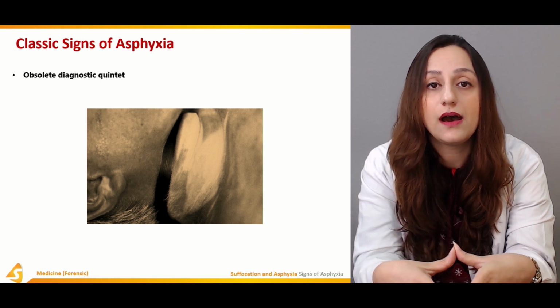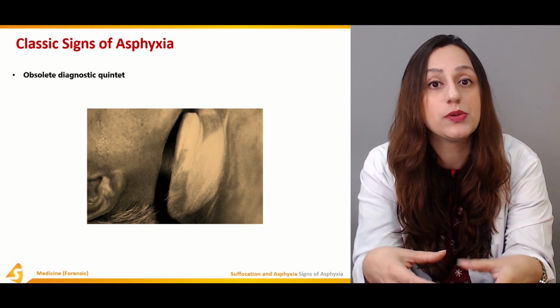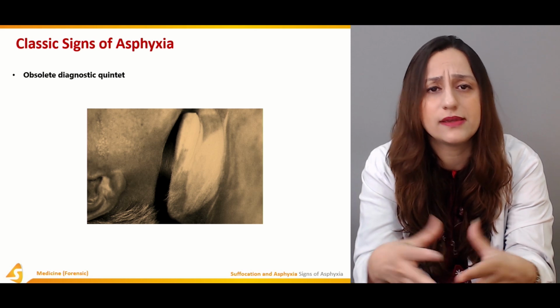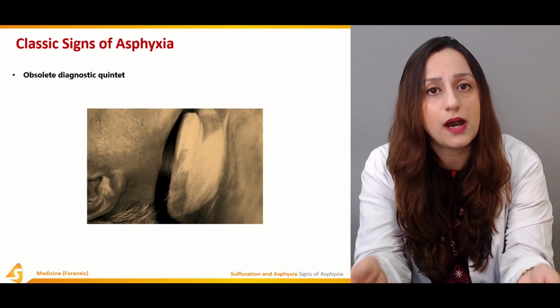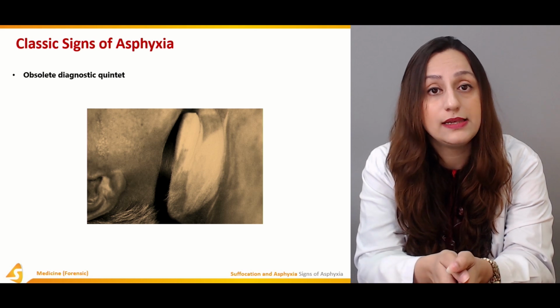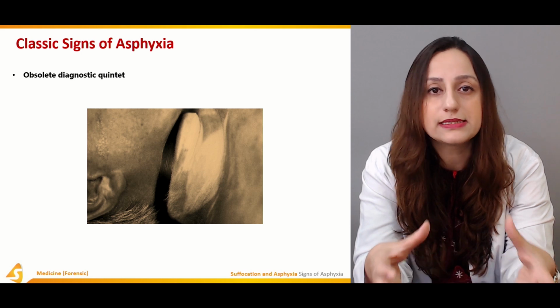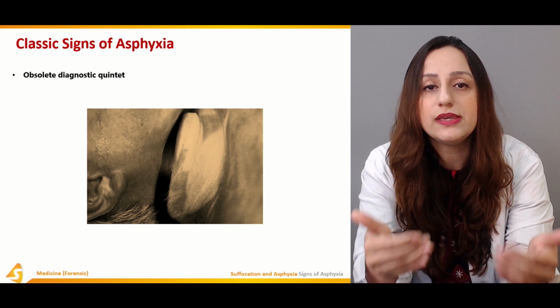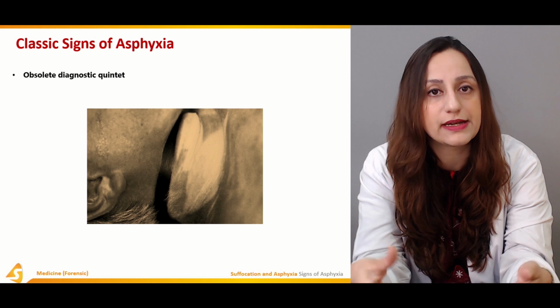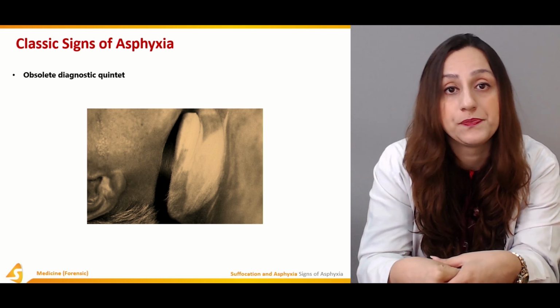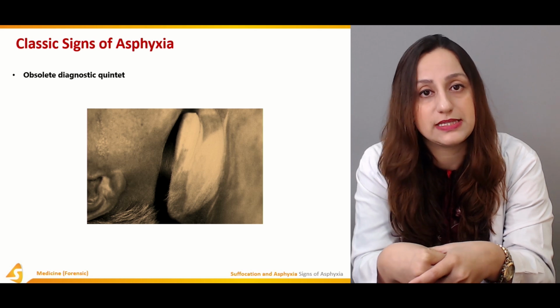But again, there are a lot of pathologists that argue against these signs, and they say that there can be other conditions apart from asphyxia which can lead to these signs. So basically, it is a very complicated kind of condition right now. Even the pathologists are working on the possibility that there can be chemical changes at the level of the blood which can relate to asphyxial deaths.